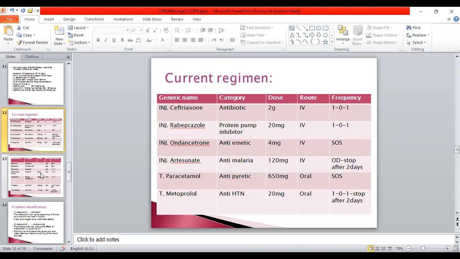Not sure. Could be empirical, or based on some sign. Was a malaria test done? Not sure, I guess it's not done. It's not there. Okay.